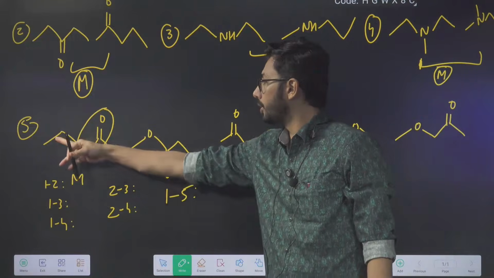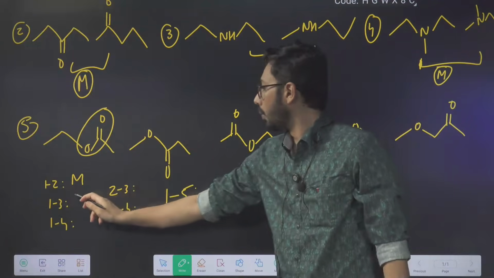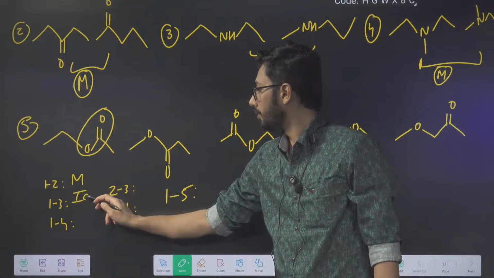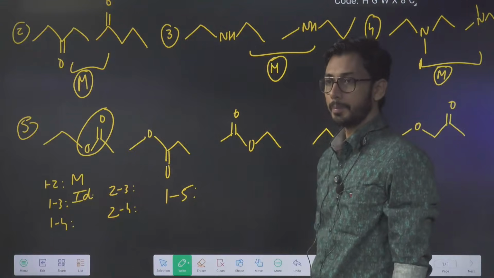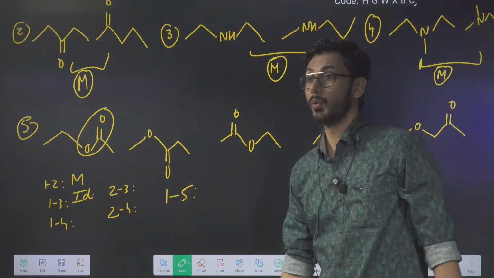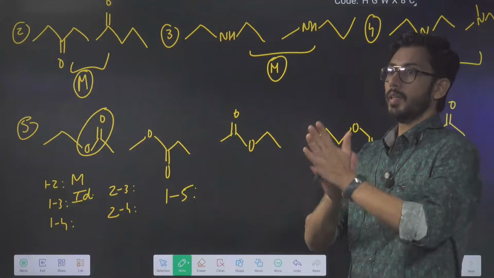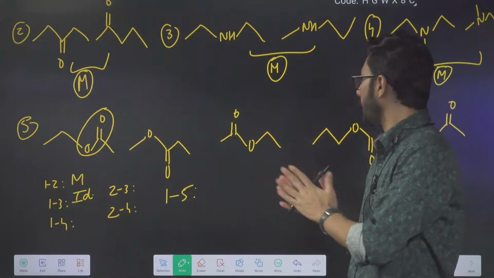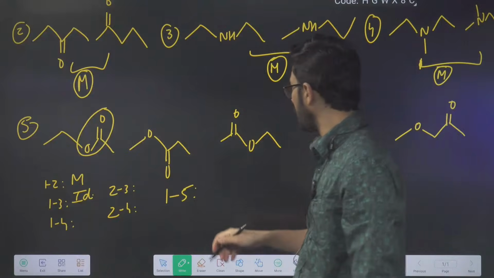With respect to O, CH2CH3, CH2CH3. 1 and 3 are identical. Same. 1 and 4, what about 1 and 4? Hiranmai has given the answer. 2 and 3, they are metamers. Correct, beta.